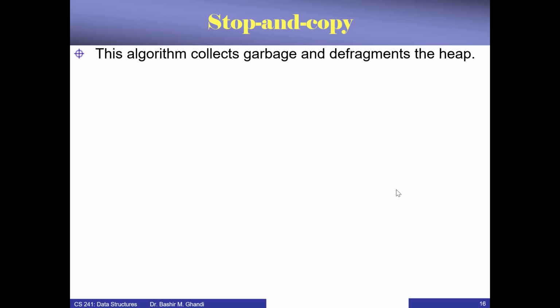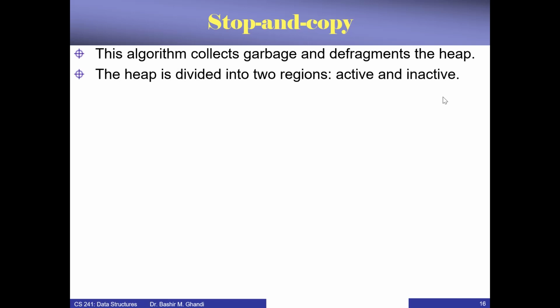Let's look at the other method called stop and copy. This algorithm collects garbage and also defragments the heap. This is the advantage of this method. In addition to garbage collection, it also defragments the heap. How does it work?